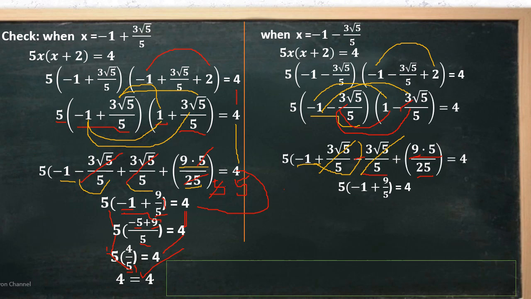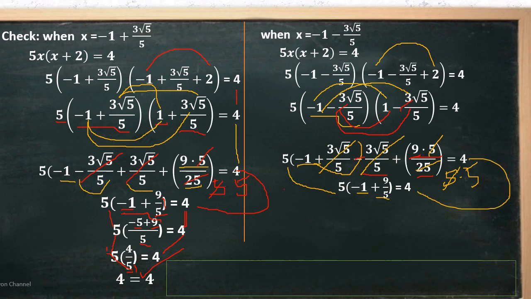So the terms that are left are 5 times quantity of negative 1 plus 9 over 5. Again, why do we have 9 over 5? We factor 25 as 5 times 5, and we can cancel out 5 in the numerator and 5 in the denominator. That is why we have here 9 over 5, and bring down 4.